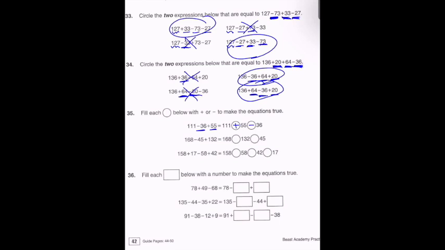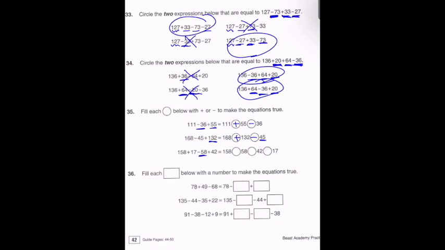For the second line, we're supposed to add 132 and subtract 45. So even after rearranging, we should rearrange the signs as well according to the numbers. And we're supposed to subtract 58. So place a negative sign there. And we're adding 42 and we're adding 17. So a plus sign will go in there.